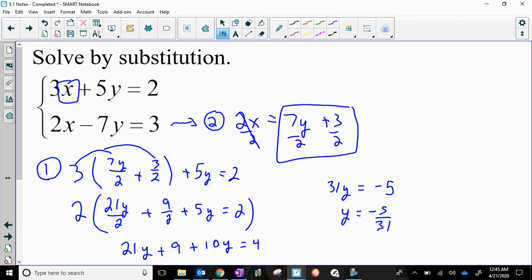So we have the y coordinate, and now we have to find the x coordinate. That's where we use what we did in our very first step, and we replace every y with -5/31. So when we go back to that second equation, I have x equals 7 halves times -5 over 31 plus 3 halves. And at this point in time, you can use a calculator or your 5th grade math and simplify this.